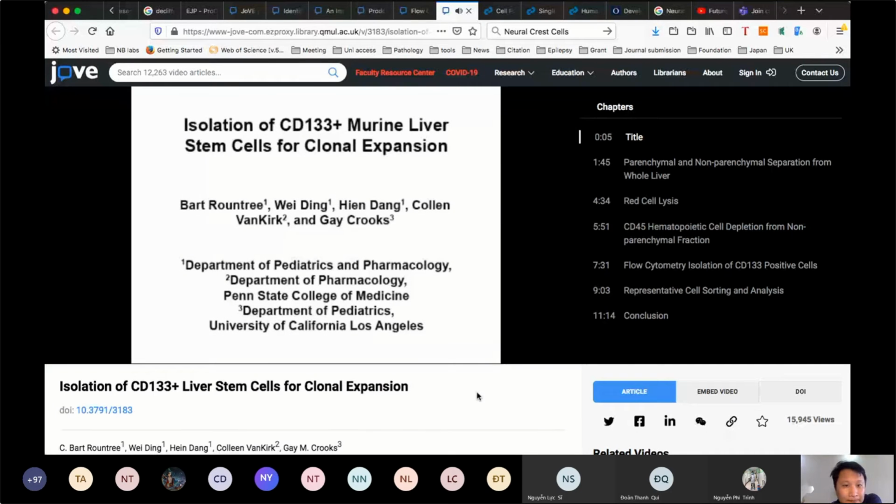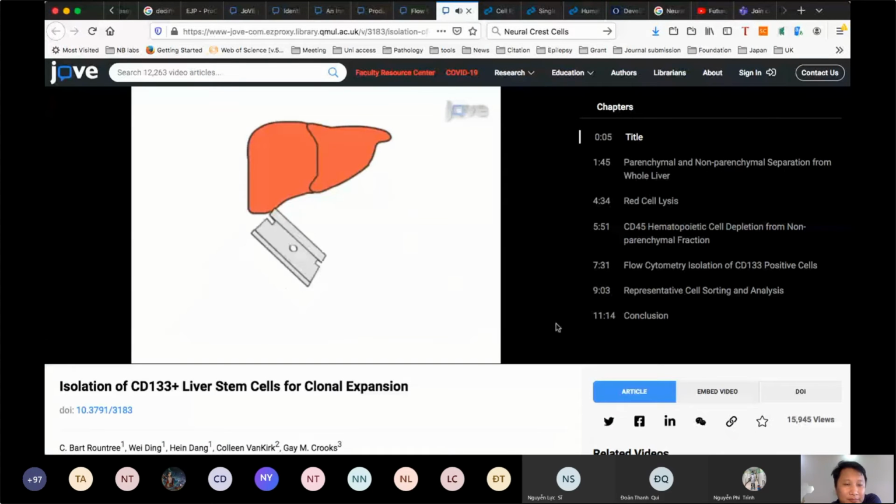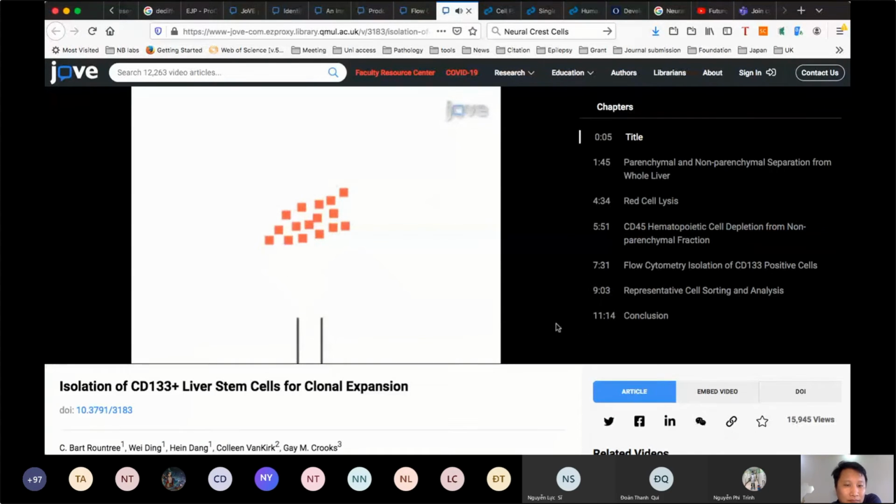This video demonstrates a procedure for isolating liver stem cells to study clonal expansion using CD133 cell surface expression following chronic liver injury. Sorry, this is on animal samples. Murine. First, the liver is removed from a mouse with chronic liver injury and digested to produce a single-cell suspension.